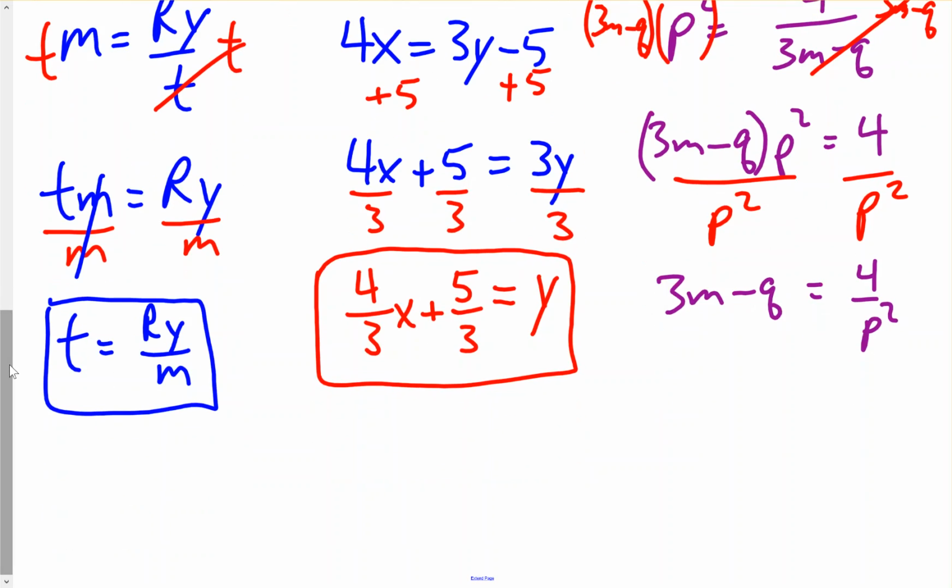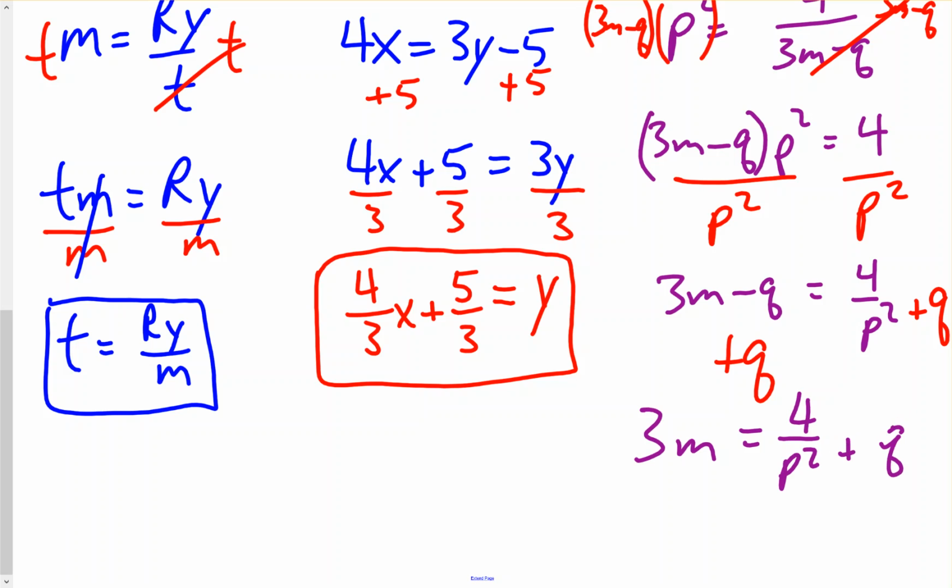Okay, next we're going to add q. So we have 3m equals 4 over p squared plus q. And now normally I would divide by 3. But if I do divide by 3 on the right, it's going to look like a strange fraction. So here's what we do instead.